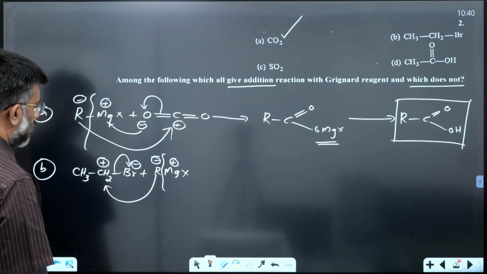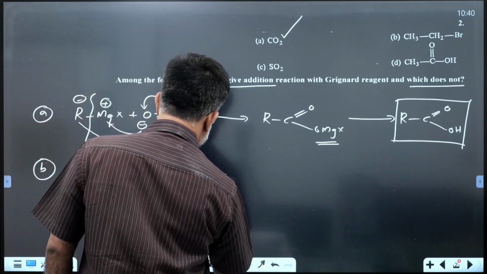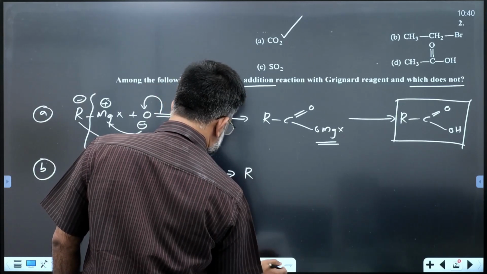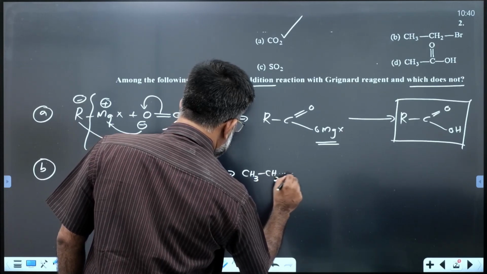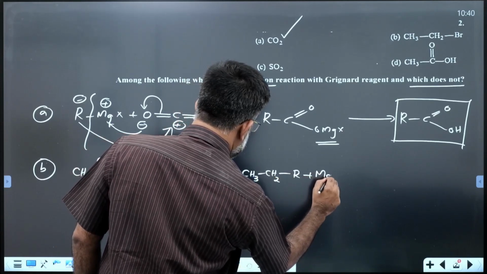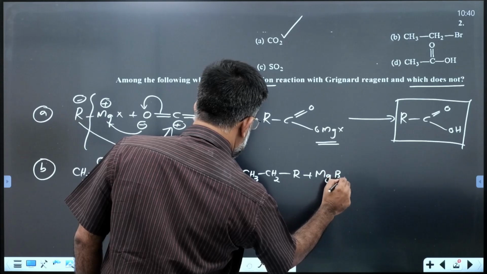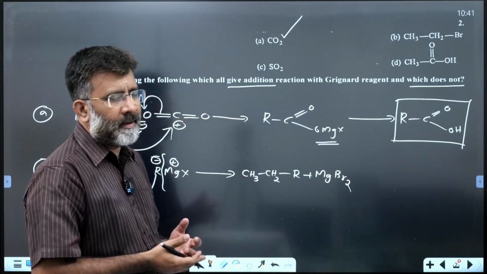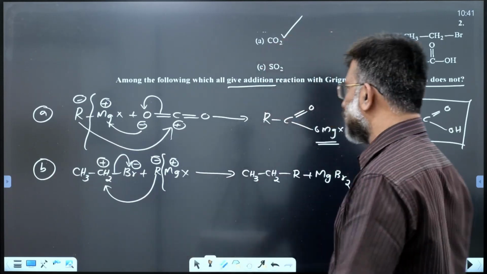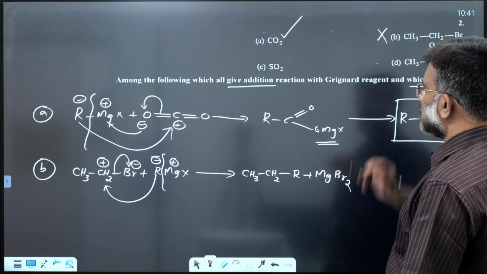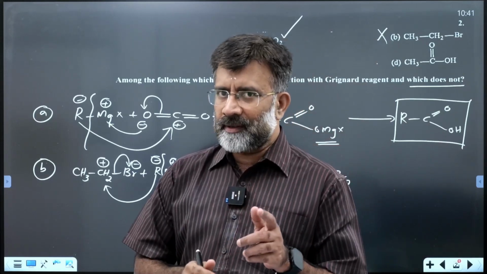Minus will undergo a substitution reaction, and you get CH3CH2R plus MgBr2. So it is merely a substitution type reaction, SN reaction. So that is not. So A, yes. B, no.